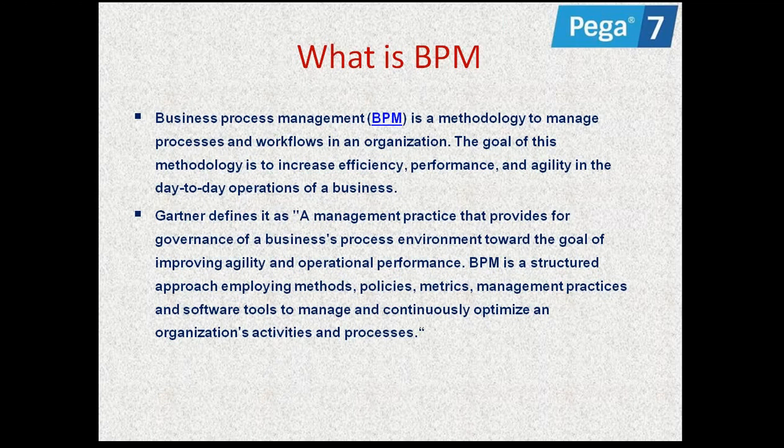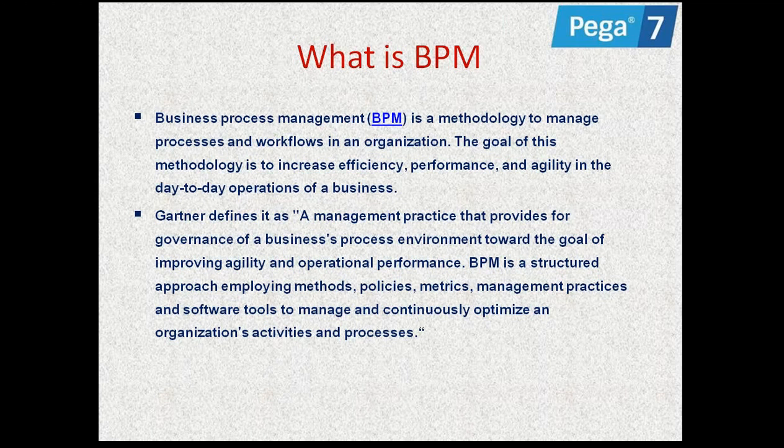So first of all, coming to what is this BPM? Business process management is a methodology to manage process and workflows in the organization. The main goal of this methodology is to increase efficiency, performance, and agility in the day-to-day operations of a business. This is the definition of BPM.